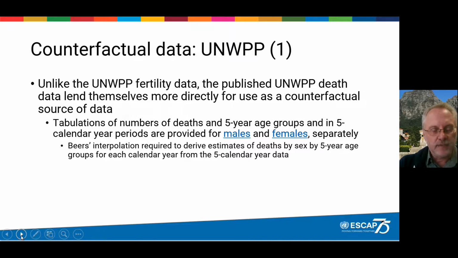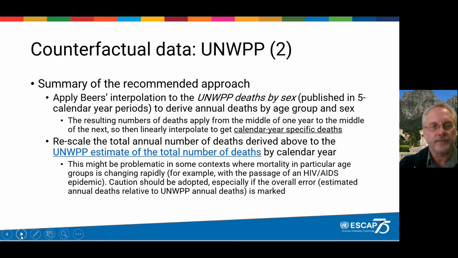We will then, as we did equivalently with the data on ages of mother at birth, derive estimates of deaths by sex by 5-year age groups for each calendar year from the 5 calendar year data in the UNWPP by applying Beers interpolation to those estimates.